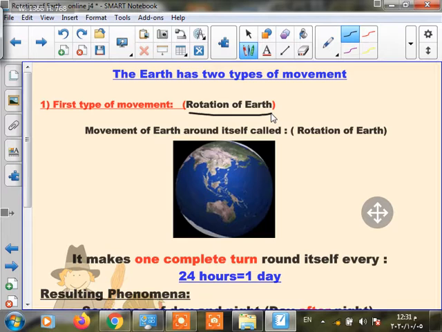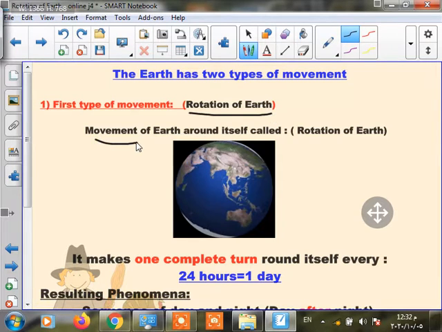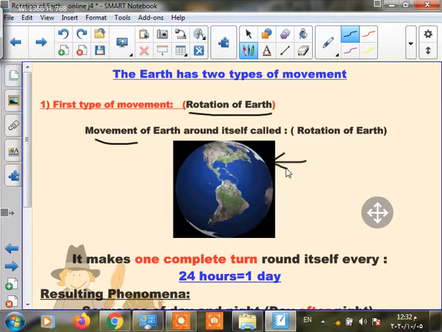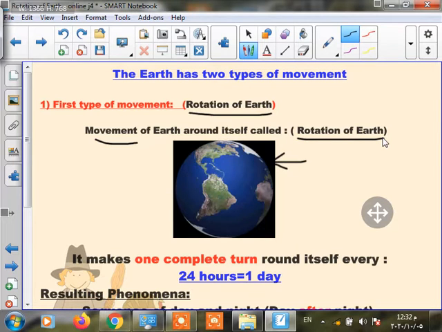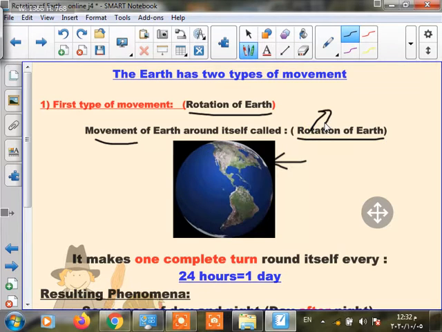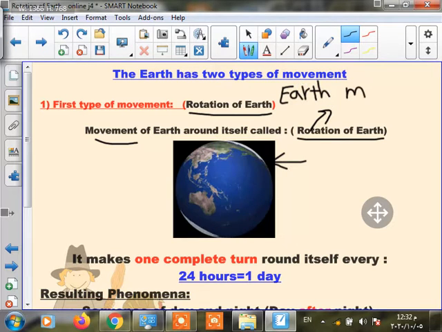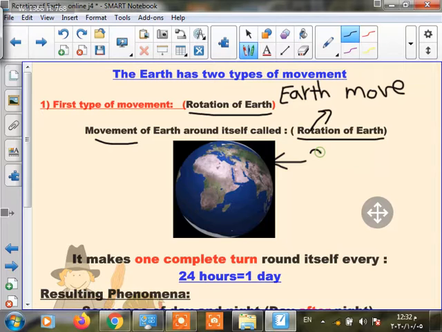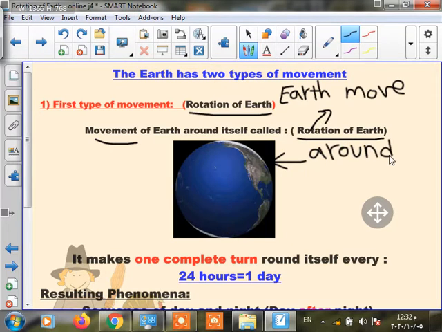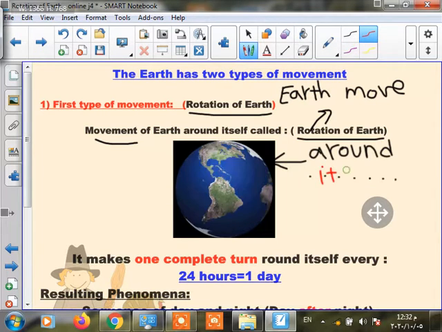rotation of Earth. So Earth moves around itself, as we see in this figure. It is called what? Called rotation of Earth. So when you have a question that asks you about rotation of Earth, that means Earth moves around itself.